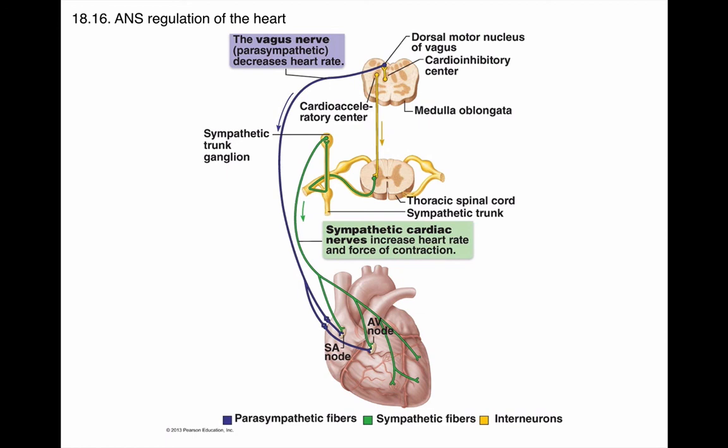Having said that, remember that the sinoatrial node is responsible for setting the baseline rhythm of the heart, but it doesn't do this by itself. I think I mentioned when we did the autonomic nervous system last semester that the vagus nerve on the parasympathetic side is responsible for slowing down the heart, and the sympathetic side will be increasing its rate of contraction.